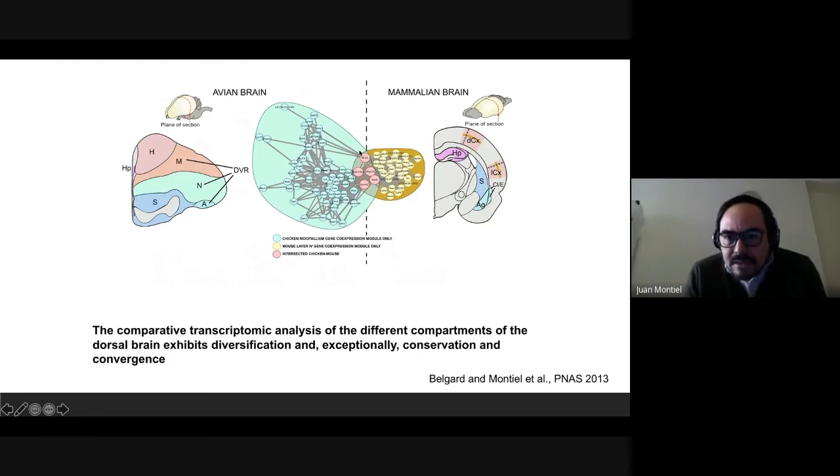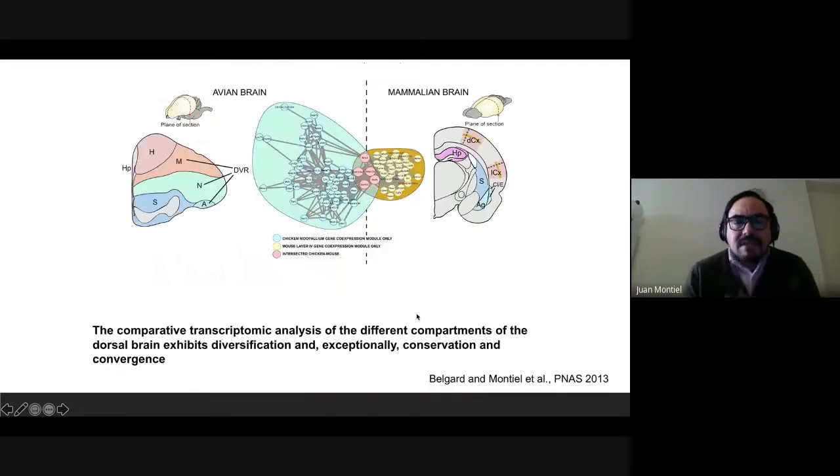However, this shared signature is just 5 genes, a handful of genes, no more than that, and these genes are associated mainly with the function of the neurons and not with developing processes. So, considering that these genes are co-expressed between the dorsal ventricular ridge and layer 4, and these regions originated from different developing regions, we proposed that the explanation for this was convergence.